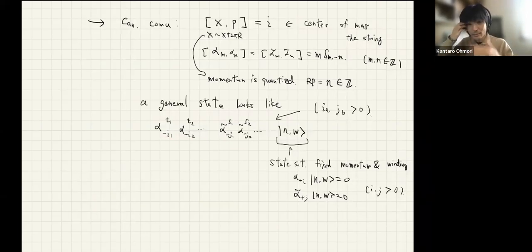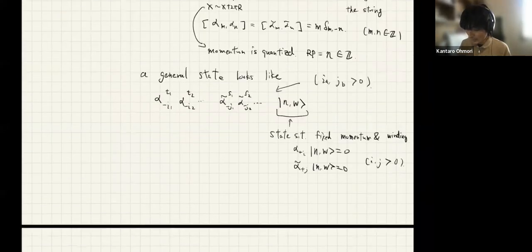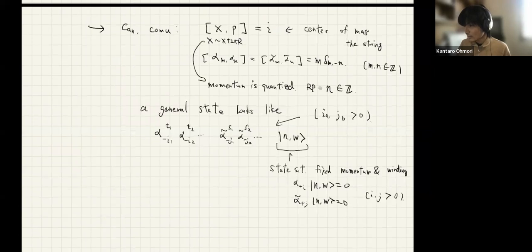The state created by the action of alpha and alpha tilde is some very oscillating string. But these alphas are not important in our story, so I do not talk more about this.